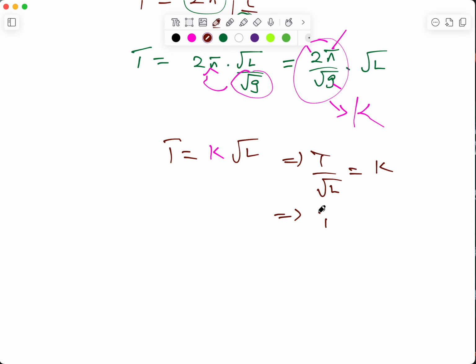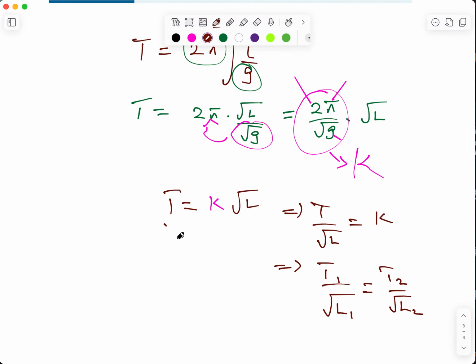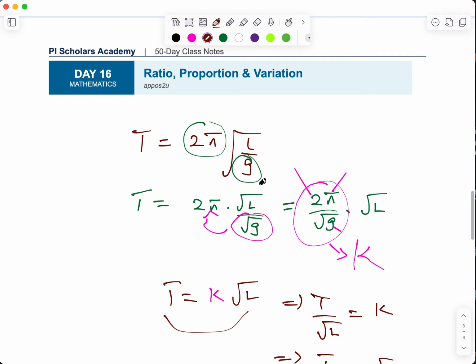That is why you would have seen that T1 over square root of L1 equals T2 over square root of L2. What you notice here is that T varies directly as the root of the length of a simple pendulum, T being the period. So this is one of the ways you apply such a concept.